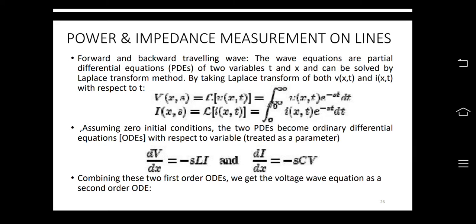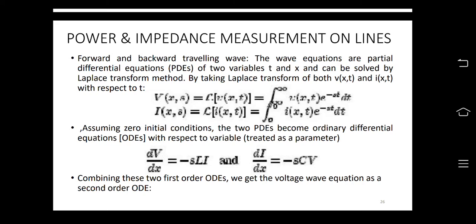With respect to t, we get V of x comma s equal to the Laplace transform of V of x comma t, which is equal to the integral from 0 to infinity of V of x comma t into e power minus st dt.